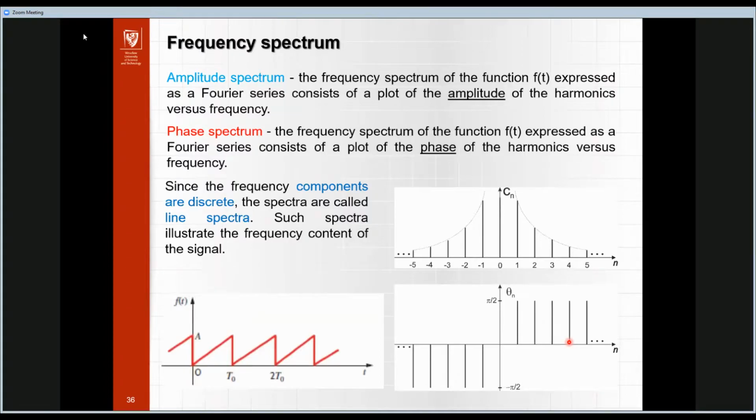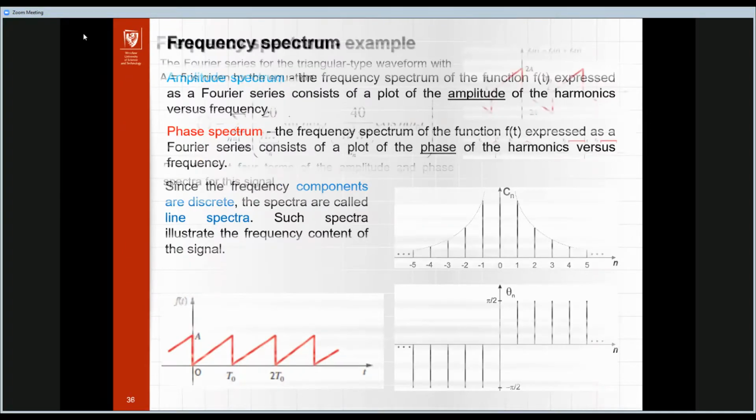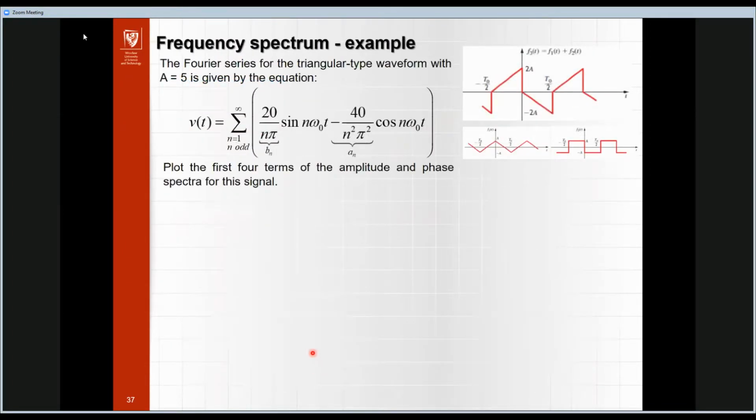Okay, and this is the result of the amplitude and phase spectrum for such a sawtooth signal. Now you have the example of the Fourier series of a triangular type waveform with such amplitude. Here we see the assembly of such signals, this one and this one. It is given by summing this signal and this one.